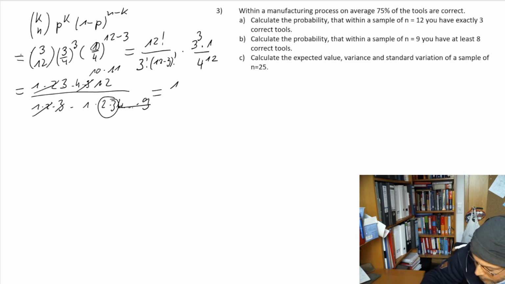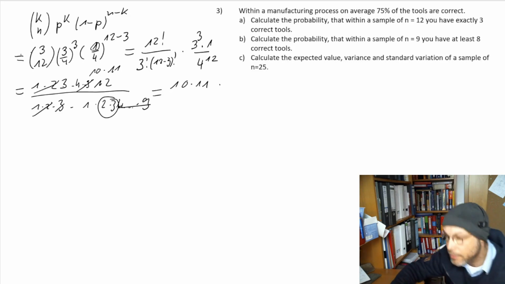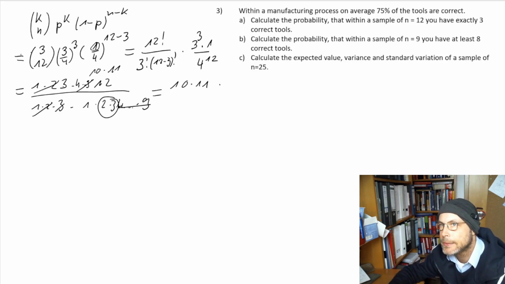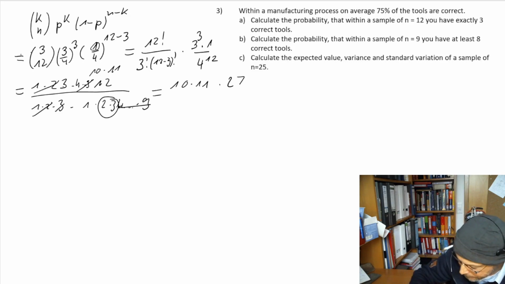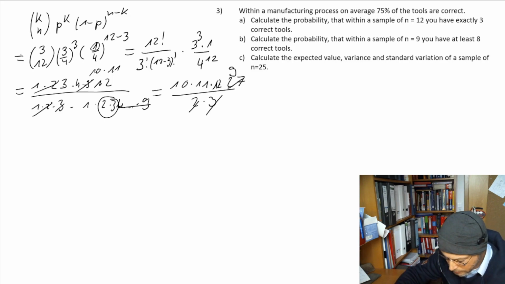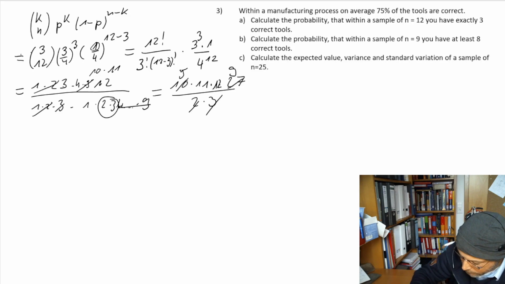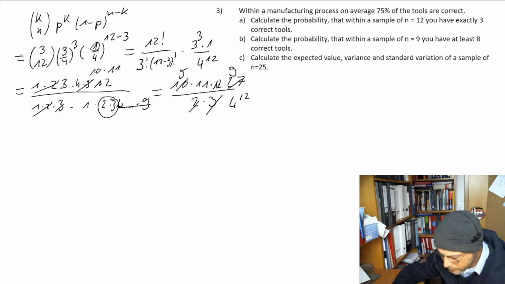So we obtain 10 times 11 times 3 to the power of 3 is 27 over 2 times 3. So again here cancels. And the 12 I left. This is 9. This is 5. And I forgot 4 to the power of 12.